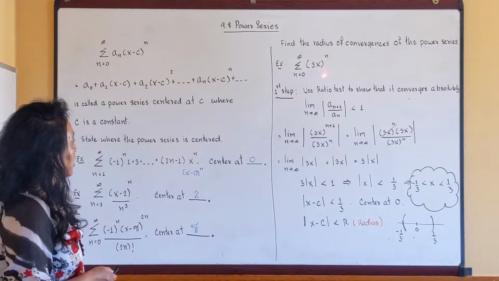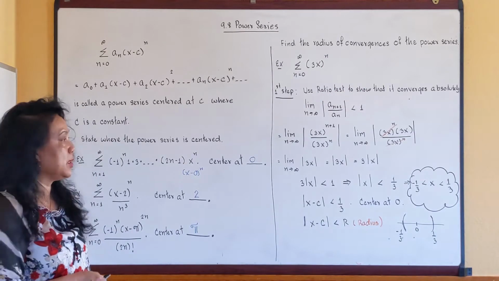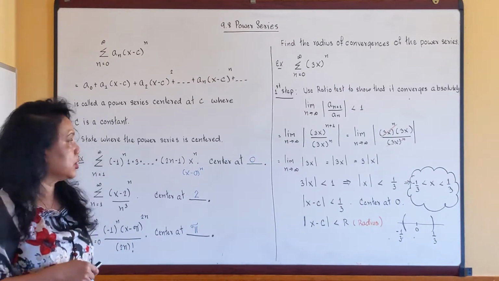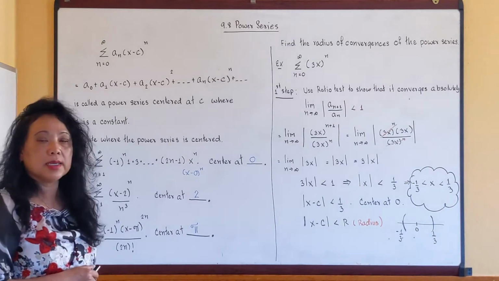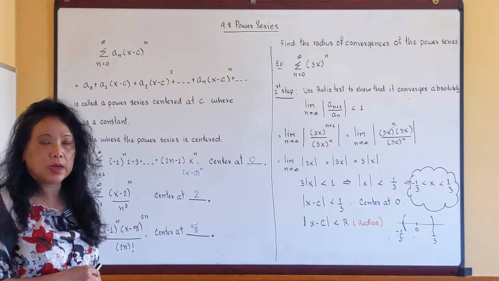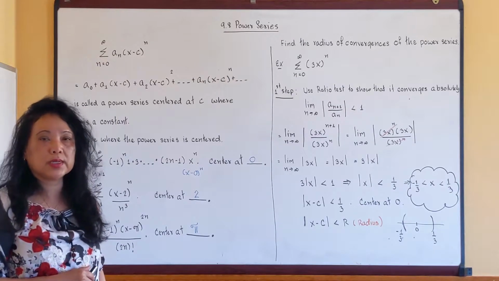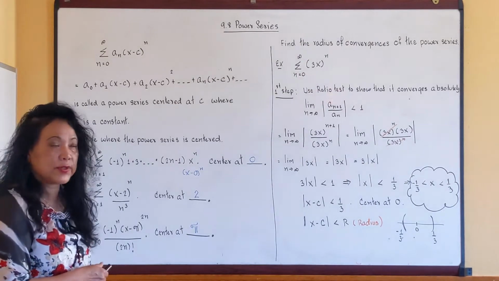So for this one, I choose to do the ratio test. It's not always going to be the ratio test. As you recall, for the ratio test, if we can show that the limit is less than 1, it converges, greater than 1 it diverges, equal to 1 is inconclusive. So I choose to do the ratio test for this one.